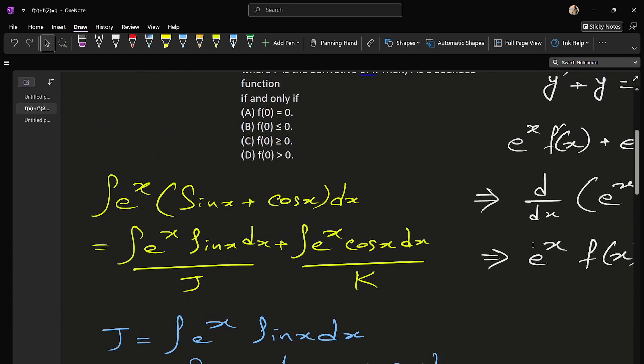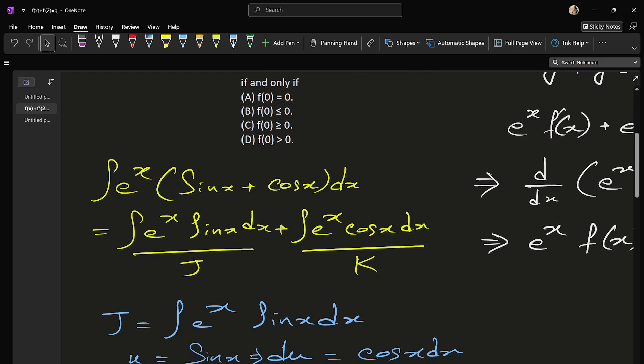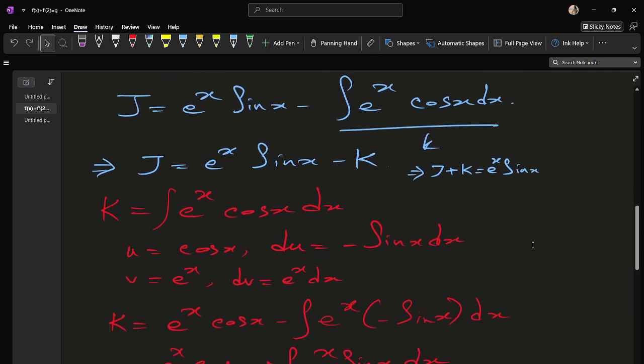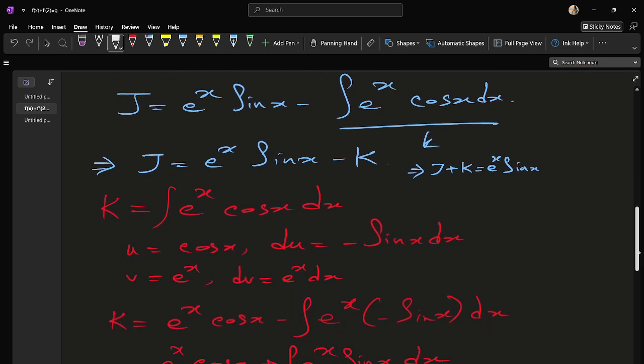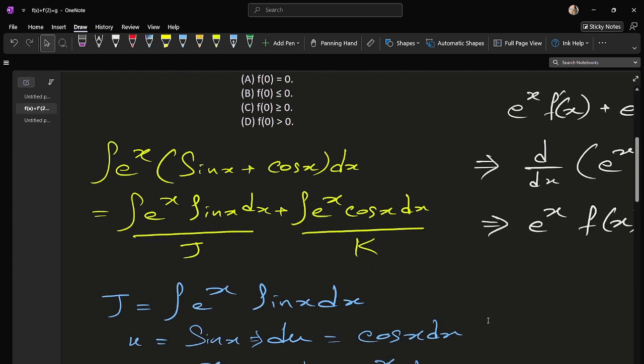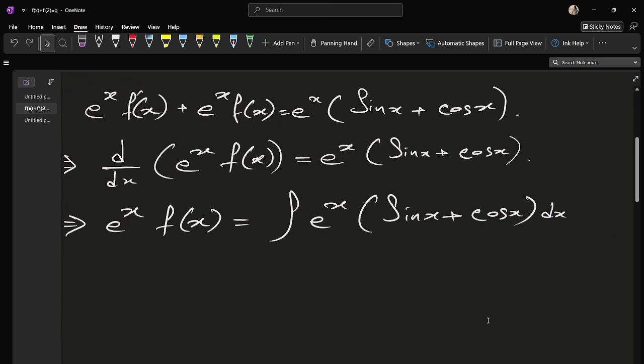So our integral of e to the power x sin x plus cos x is equal to what? Okay, this part is unnecessary here because we got j plus k equals e to the power x sin x.